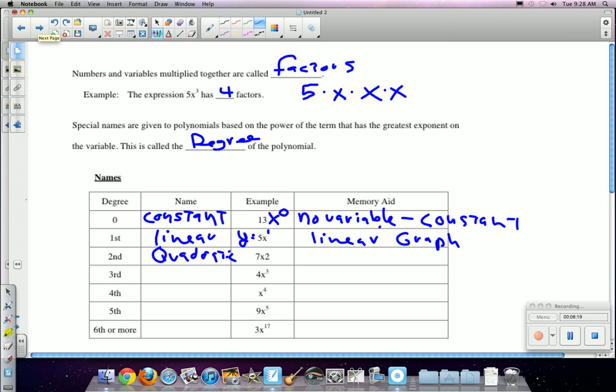And we can remember that because it's called squared, and the square has 4 sides. Third would be cubic. A cube has 3 dimensions.